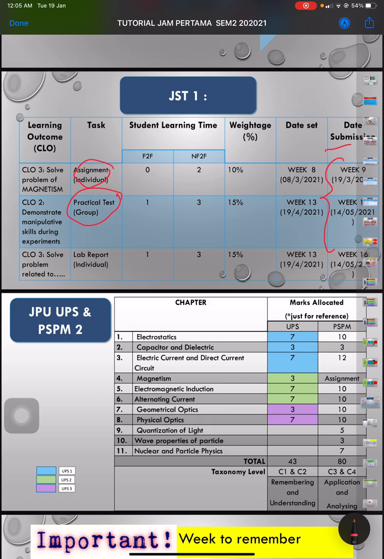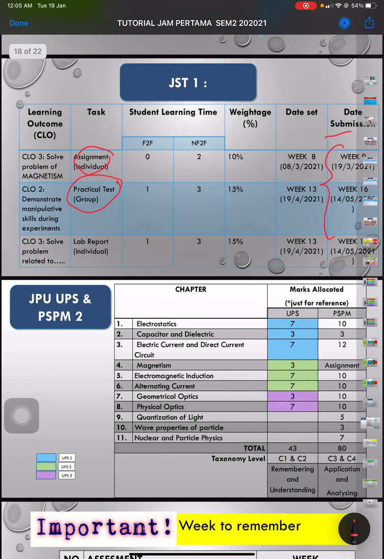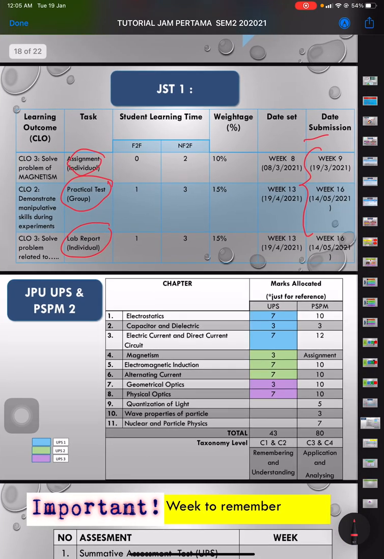Practical test kita akan release pada week 13, so week 16 dia kena hantar. Next untuk lab report, kita akan set pada week 13, and submission is week 16.